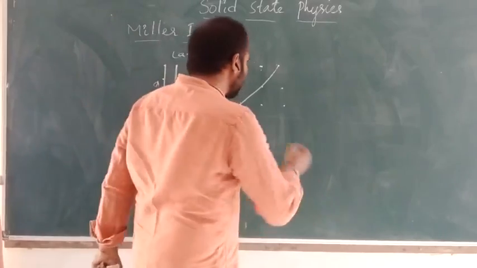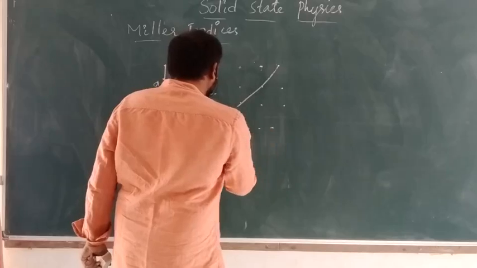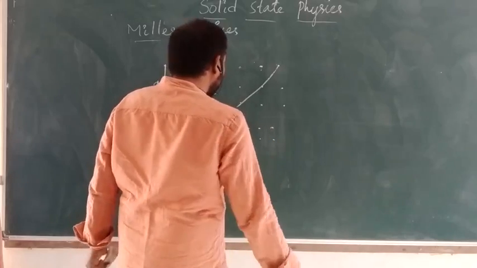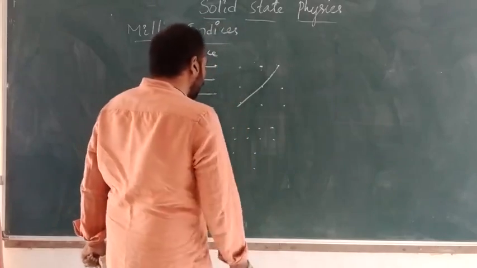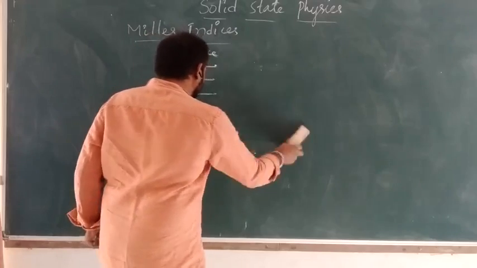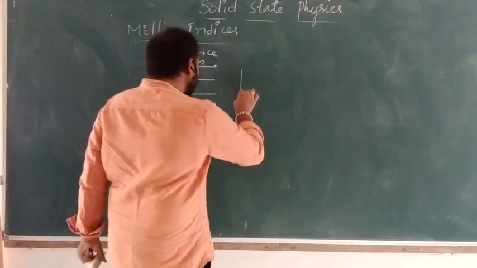If you take any crystal, there is a regular arrangement of points or atoms in the crystal system. For example, let us consider a unit cell, it is better to understand.